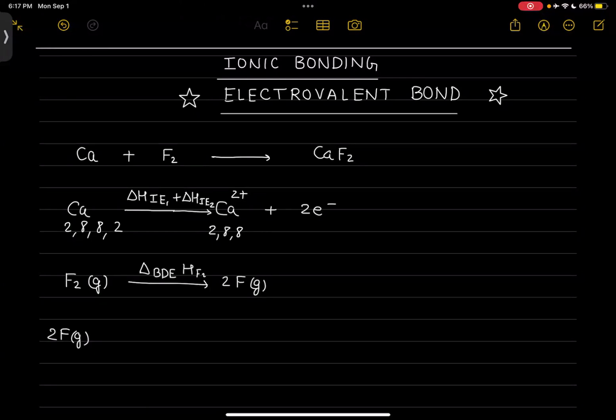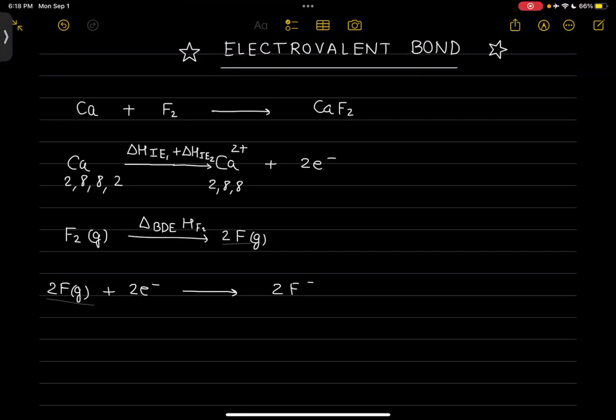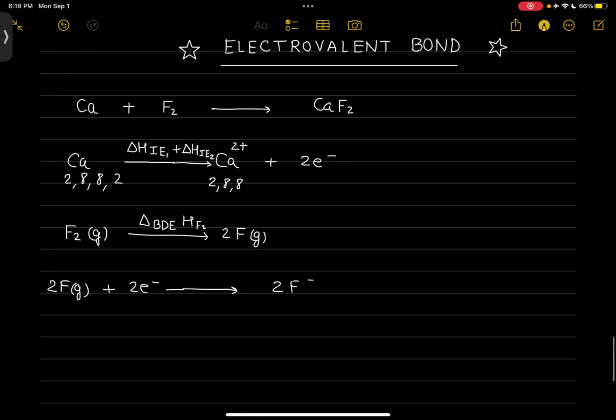No, but they will become negatively charged, right? By accepting one electron, each fluorine atom will accept one electron. Electron gain enthalpy, delta EGH, twice, because there are two fluorine atoms. That will be needed. Is it clear?